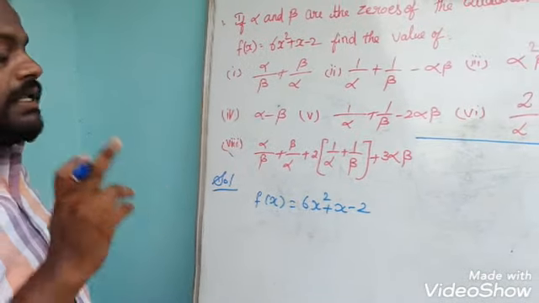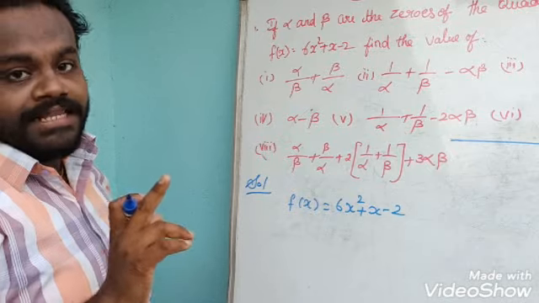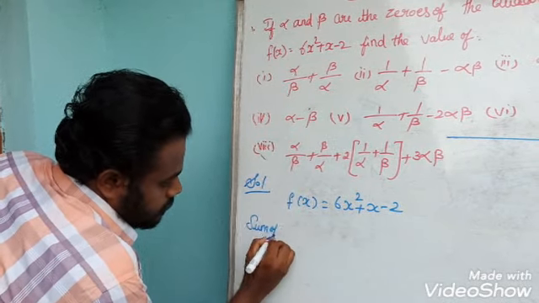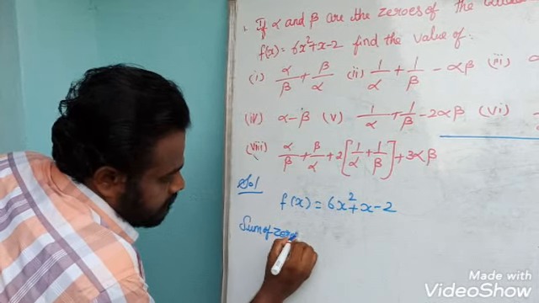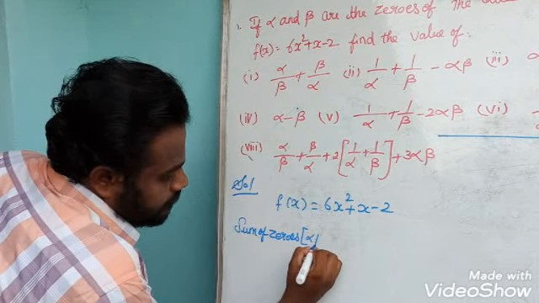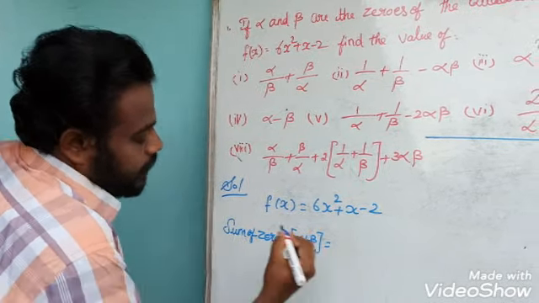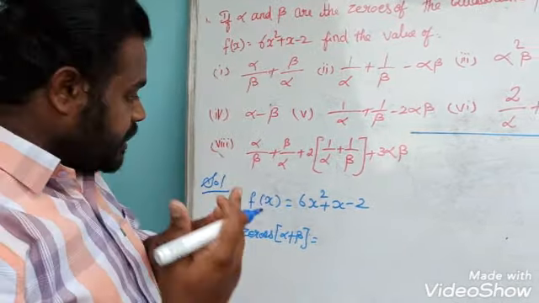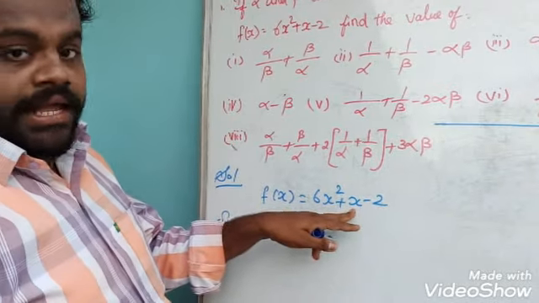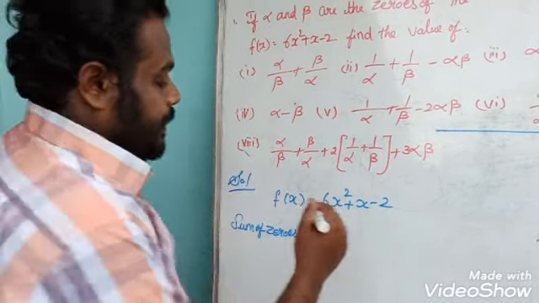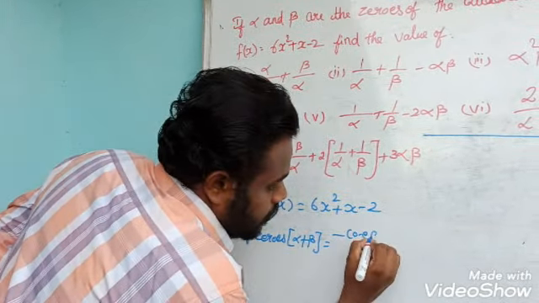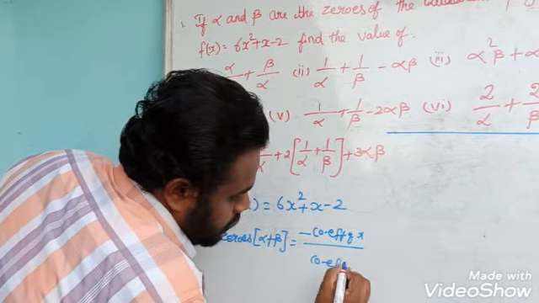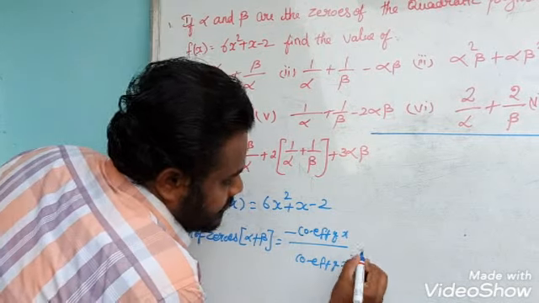Already you know that the sum of zeros, alpha plus beta, equals minus coefficient of x divided by coefficient of x square.